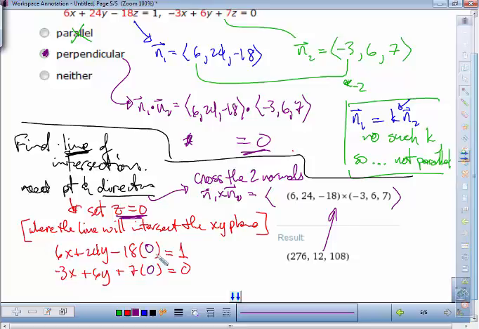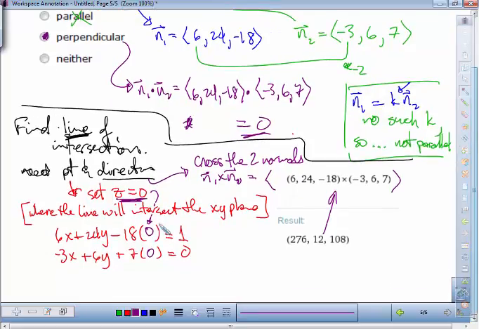So with 0 in for z, we have two equations and two unknowns: 6x plus 24y is equal to 1, and negative 3x plus 6y is equal to 0.